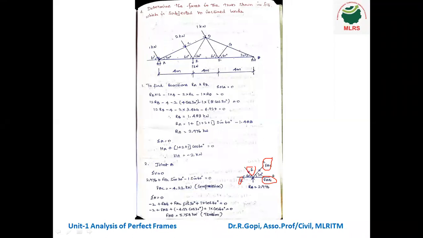Substitute all the values, with FAC equal to minus 4.22, and finally we got FAE equal to 5.154 kilonewton.